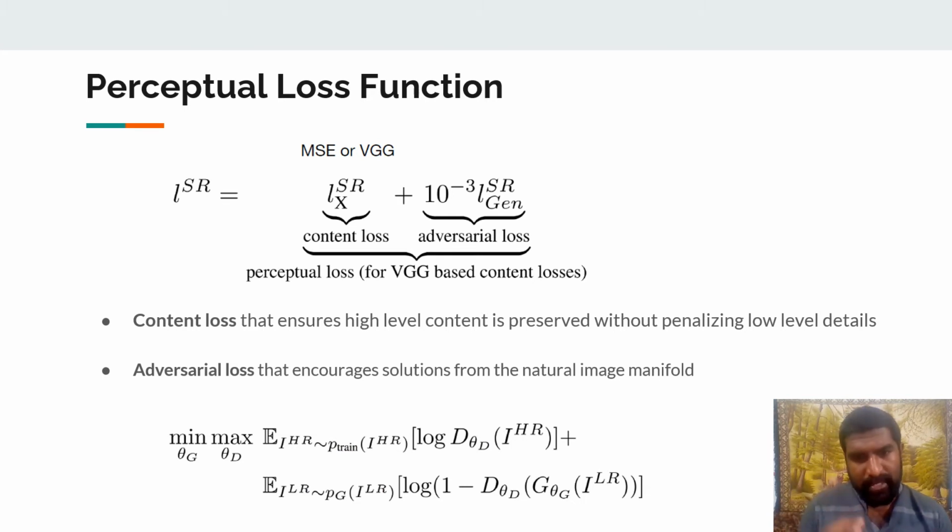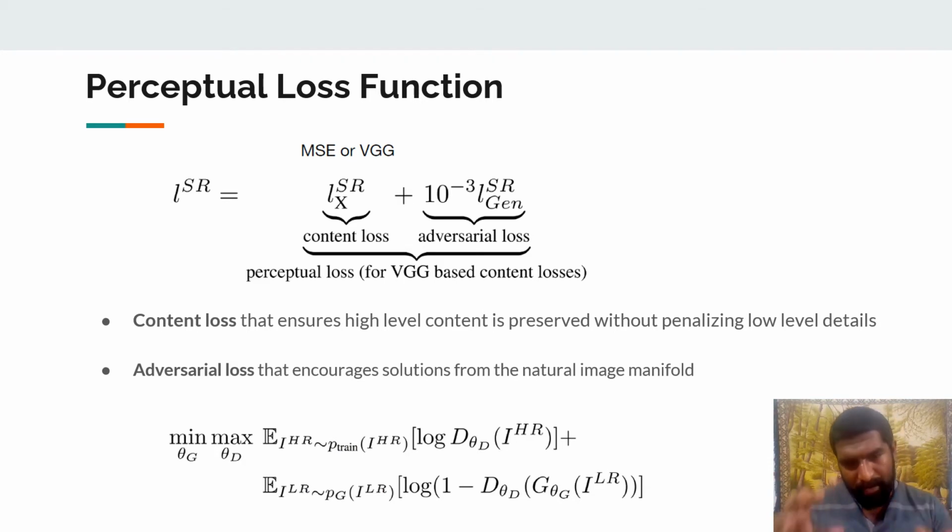And when it comes to the adversarial loss, which determines whether the image looks real, there is a discriminator. The discriminator is again a GAN component. It checks whether the image whose resolution was improved has any difference from the ground truth, the real image. So the basic function of this discriminator is to check whether an image is real or fake.